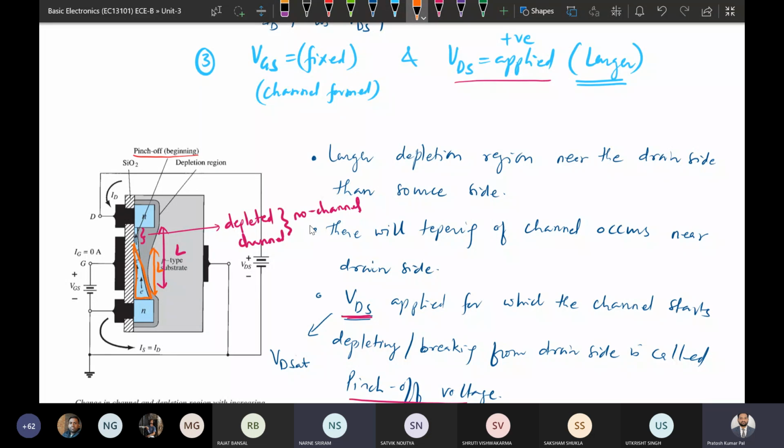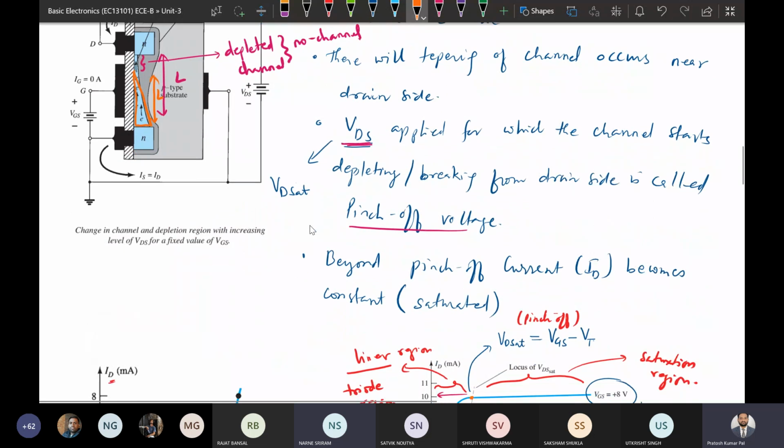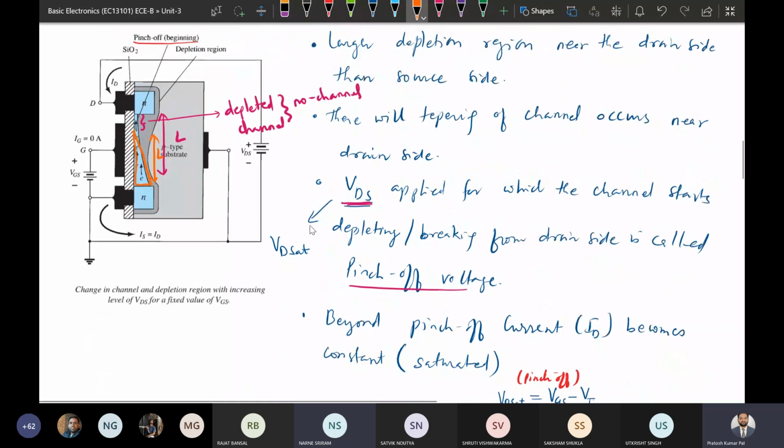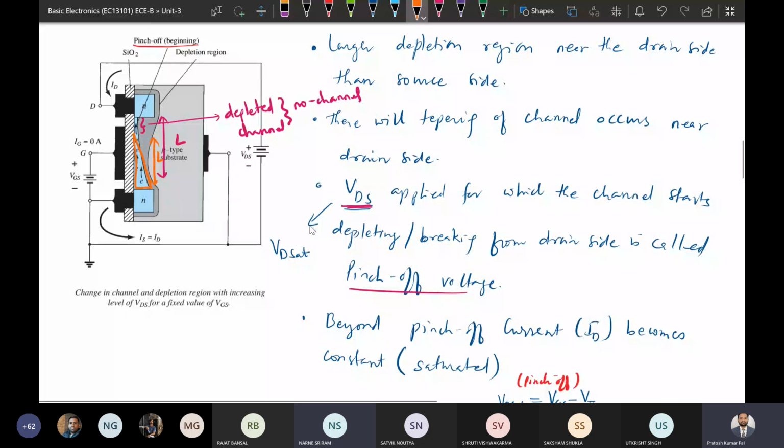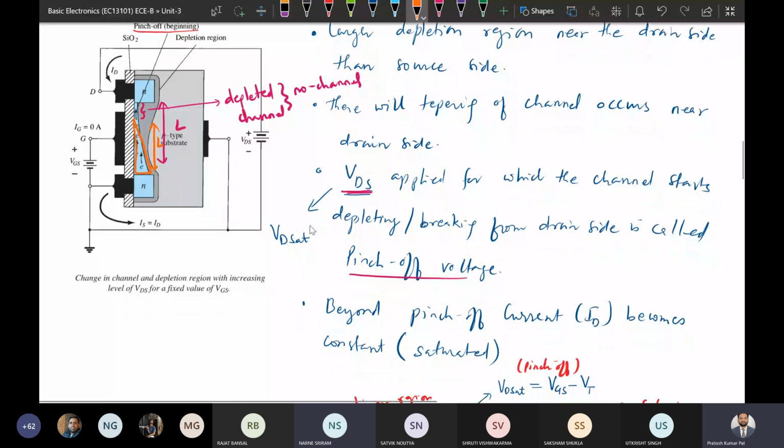So because of the application of a higher drain to source voltage, there is a reduction in channel length. This process is called channel length modulation.